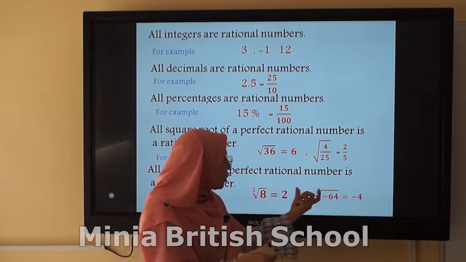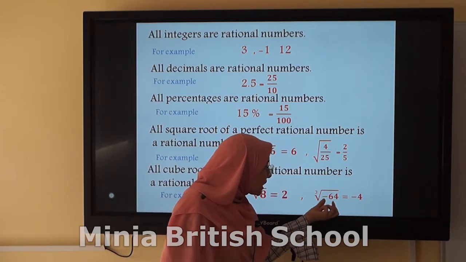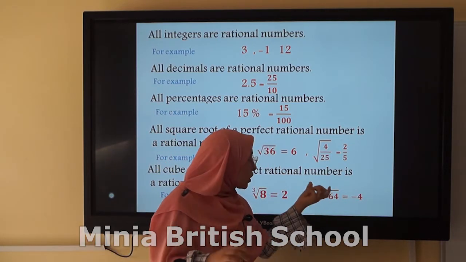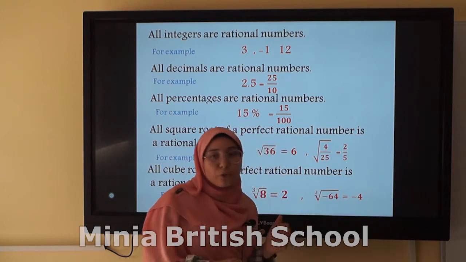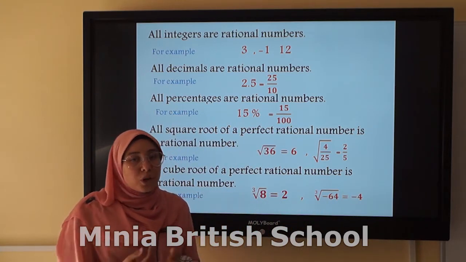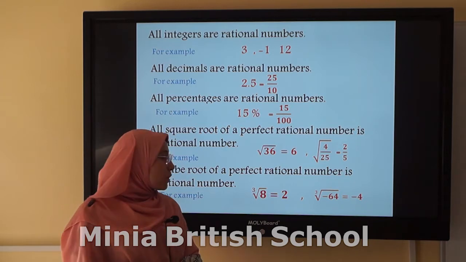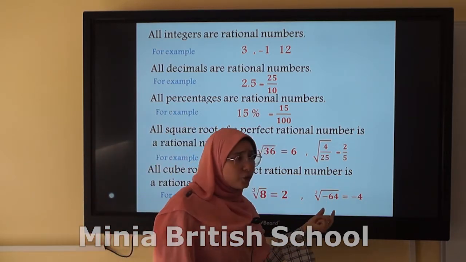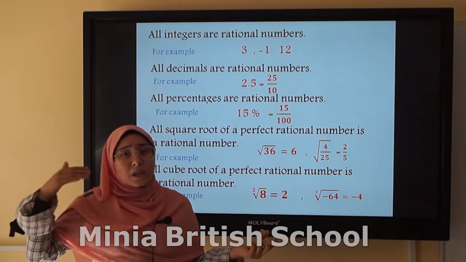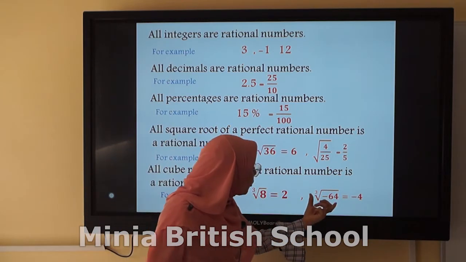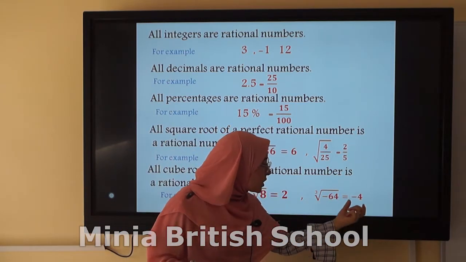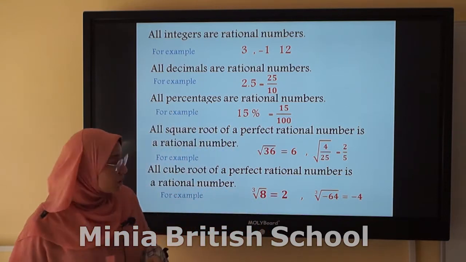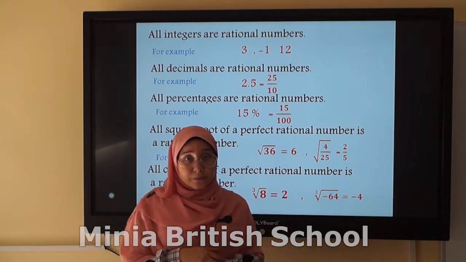And also the cube root of negative 64 equals negative 4, because the cube root of a negative number is a negative number. So the cube root of negative 64 equals negative 4, which is also a rational number.